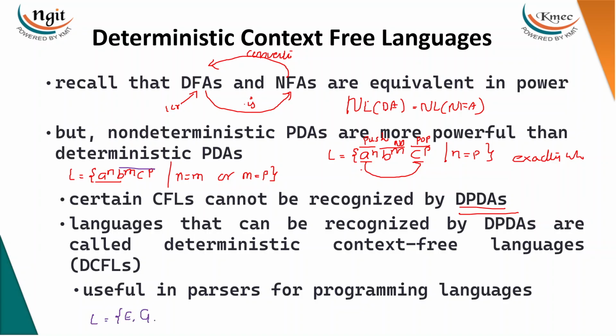I can take only a, in which b and c are equal. I can take only c, in which a and b are equal. I can take strings like ab or bc or aabbc or abbcc or aabbcc or aaabbbc or abbbccc.